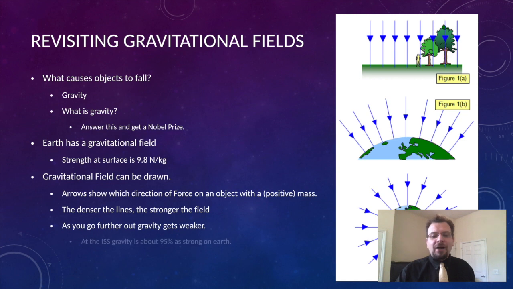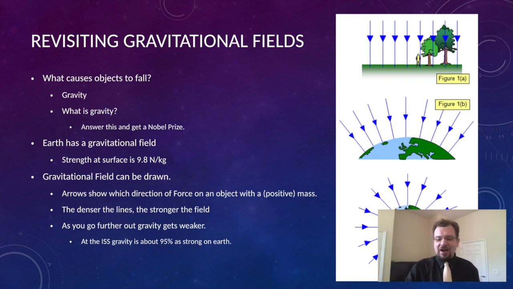If you go about 250 miles up, that's where the International Space Station is, and there Earth's gravity is only about 95% as strong as it is here on the surface of Earth. The astronauts are weightless only because they're in free fall. They still have 95% of their force of gravity, so weightless isn't quite right. Normal forcelessness is the better term, but that just doesn't trip off the tongue.